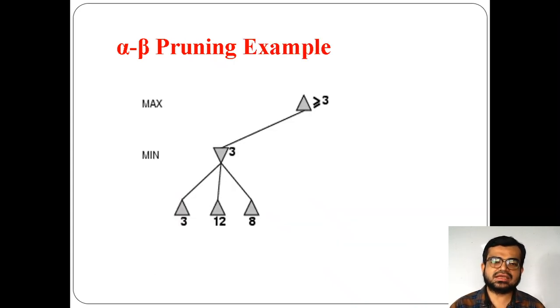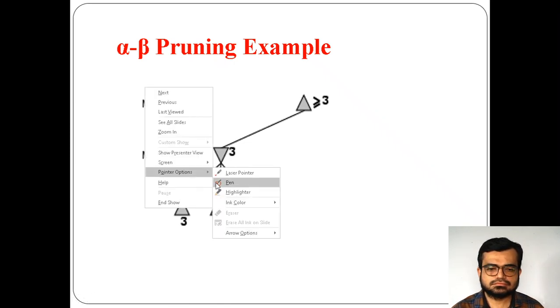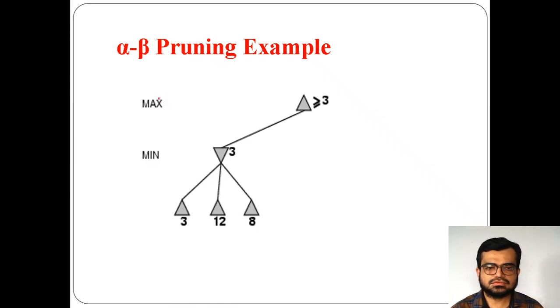Now we are taking an example here, alpha beta pruning. Here max represents alpha and min represents beta. That's why max and min. Alpha beta pruning means you can prune either towards the beta side or towards the alpha side.